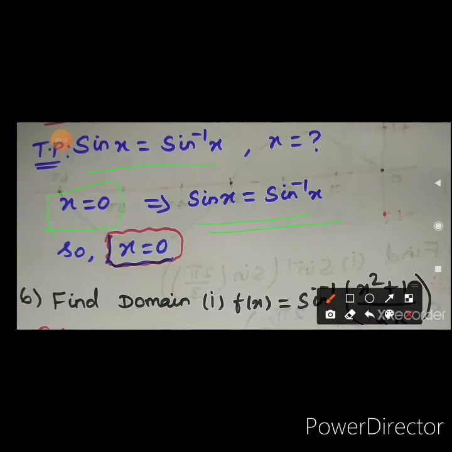Then we are checking x equal to 1 in star. Minus 1 less than or equal to (1 square plus 1) by 2 into 1. So minus 1 less than or equal to 2 by 2, and 2 by 2 means 1. So minus 1 less than or equal to 1.